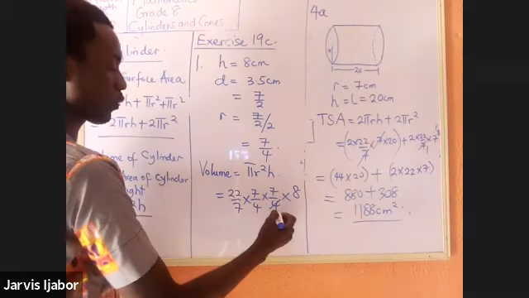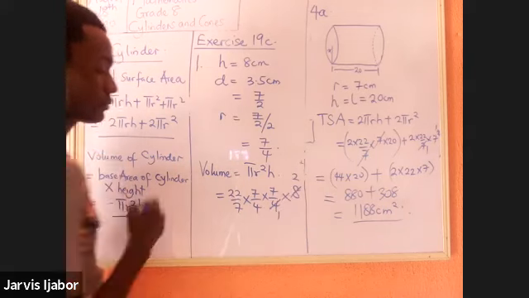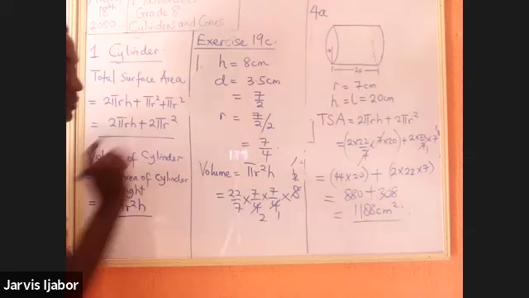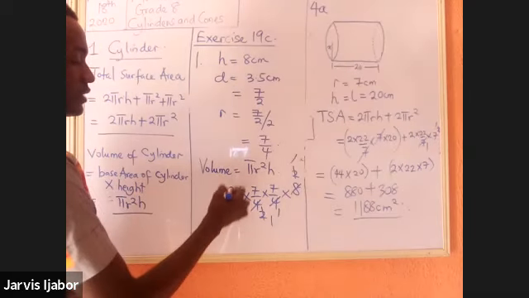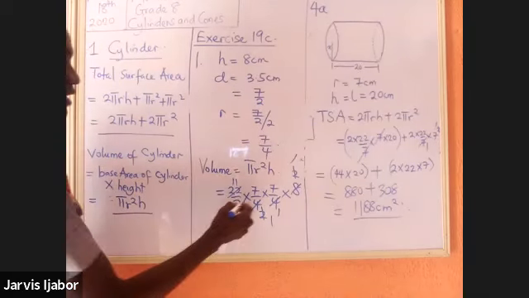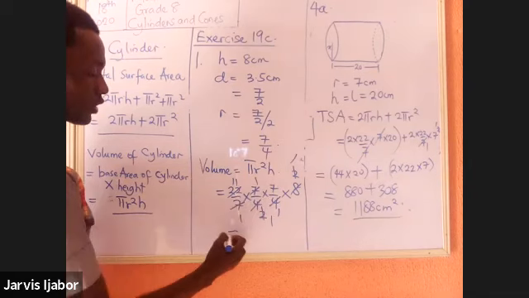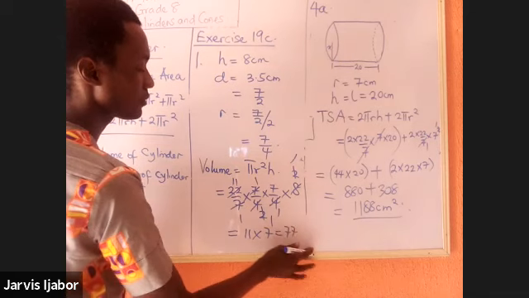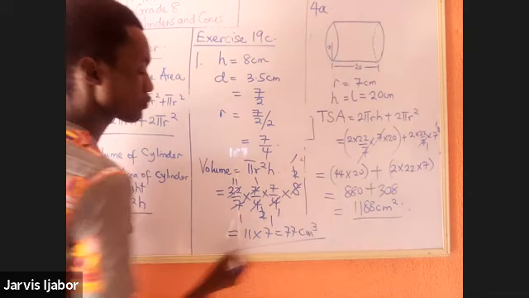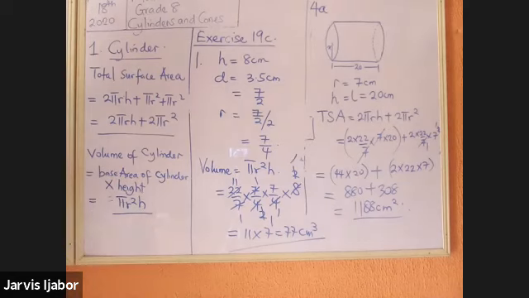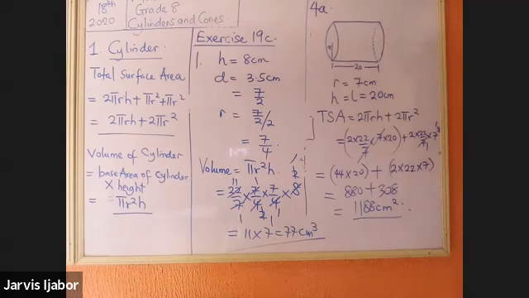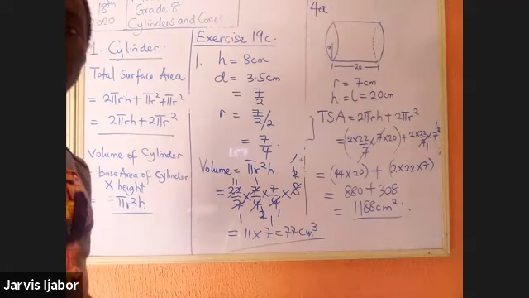This here 1, this here 2, this here 1, this here 2, this here 1, this here 11. 7 here 1, 7 here 1. That will give me 11 times 7, and that will be 77 centimeter cube. So that's what the volume would be, 77 cm cube.